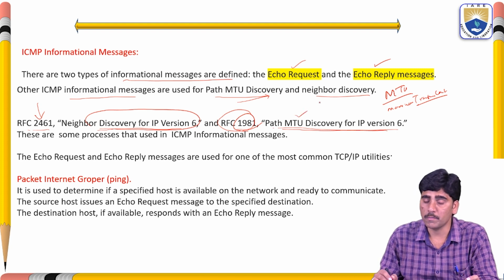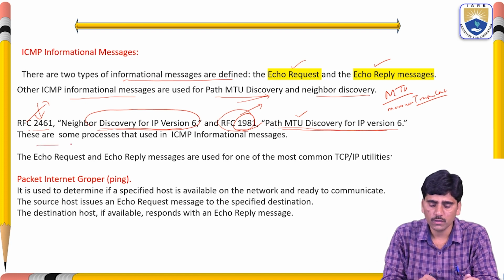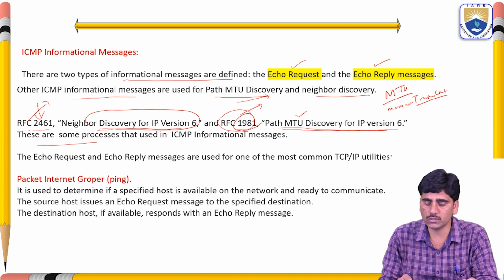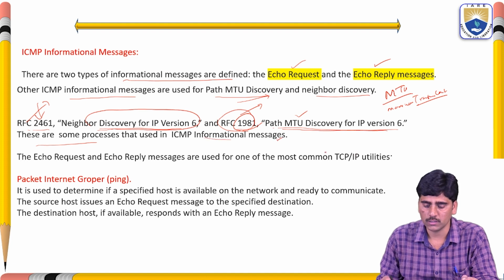Maximum transmission unit discovery as well as neighbor discovery for IPv6 are done with the help of these two informational messages. These are some processes used in ICMP informational messages, and these two are examples.